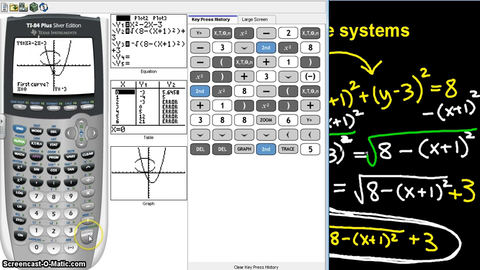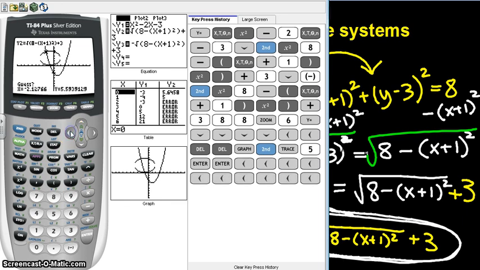Yes, I want to know where the parabola meets the top of the circle. So good, that's fine. I'm going to press enter here as well. Now for the guess, I have to make sure I move to the point of intersection at the top of the circle and the parabola, and then press enter.